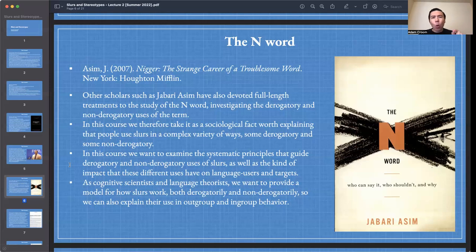And so in order to fully understand in-group and out-group behavior, in order to understand what's going on with derogation as well as reclamation, right? In order to understand these different types of cognitive processes and social behaviors, we need to understand how slurs are used both derogatorily and non-derogatorily.